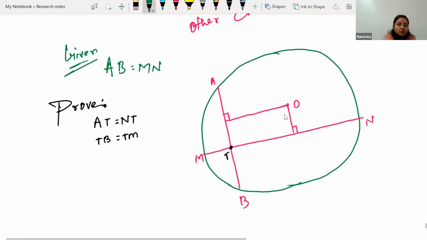Here we can do one construction at first which will help us to prove it.